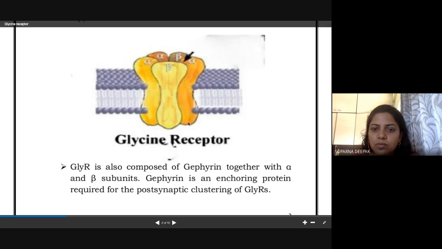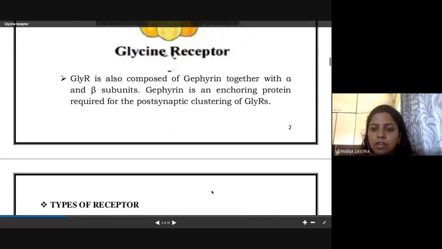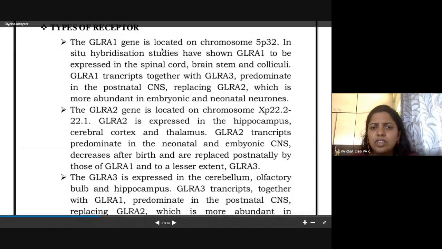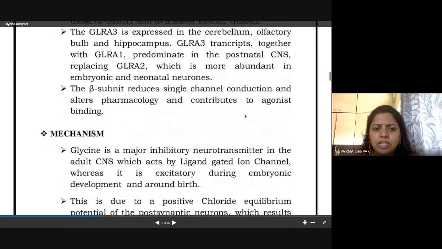This is a transmembrane protein, gephyrin, which helps in holding these together. These genes are located on chromosome 5, so we don't have to go into details of that.